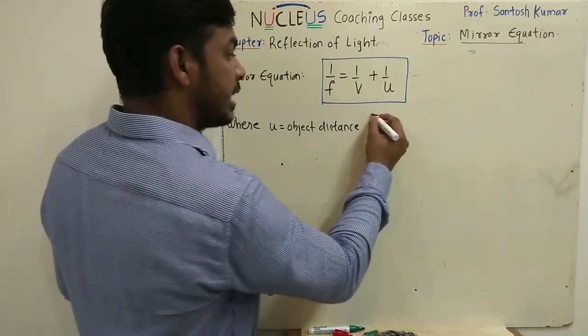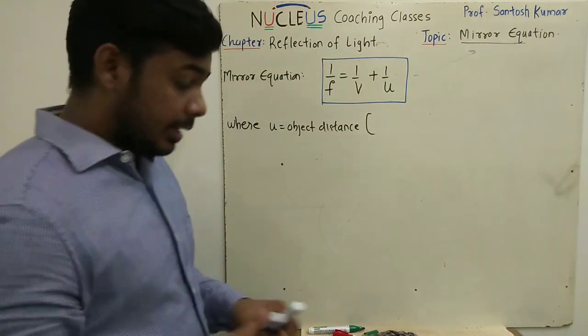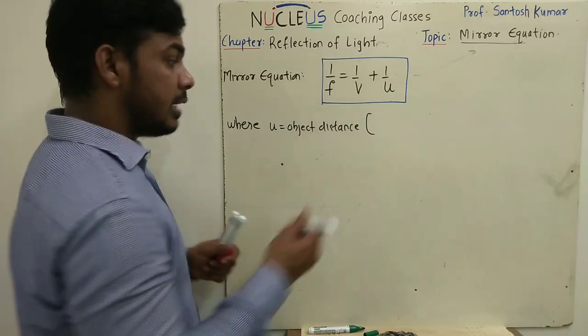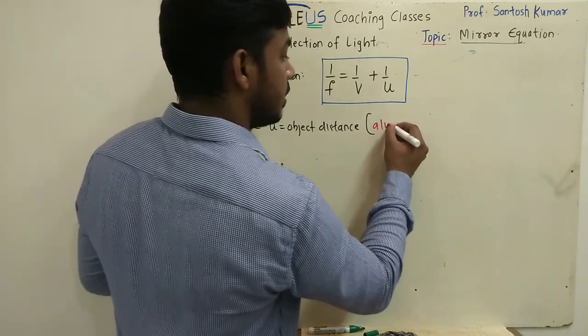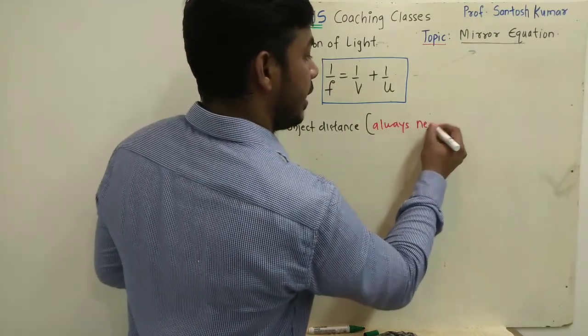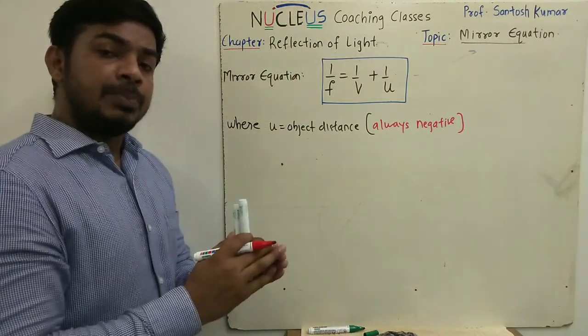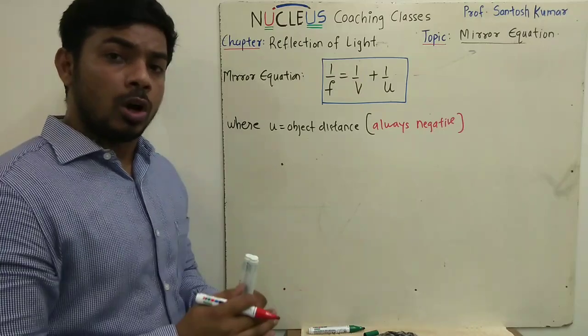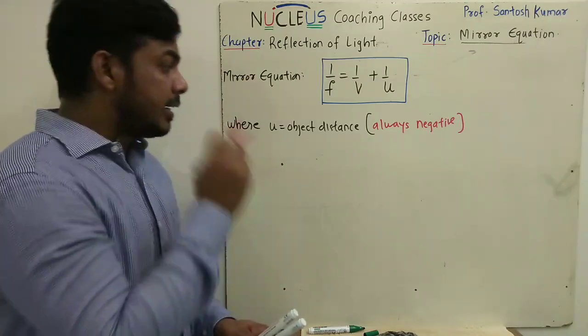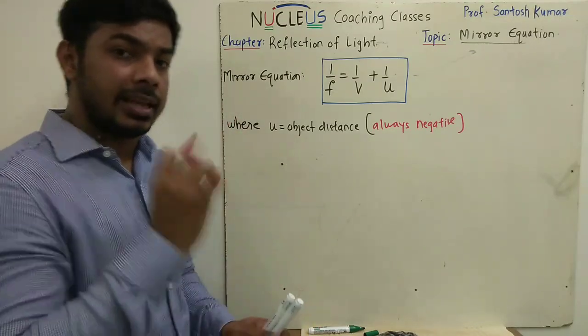And I have already explained you in sign convention that object distance is always negative. That means irrespective of the value given or not in the question, object distance will always be taken as negative.